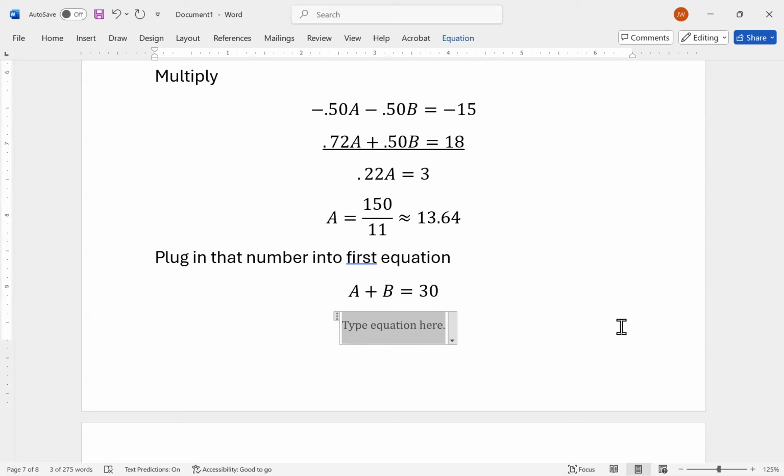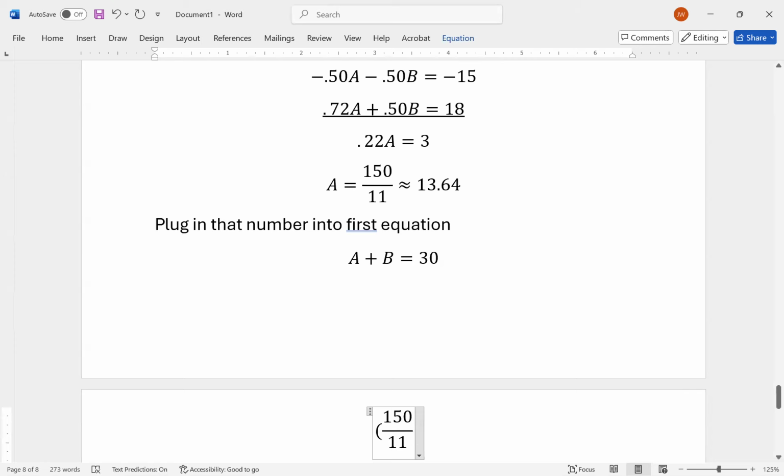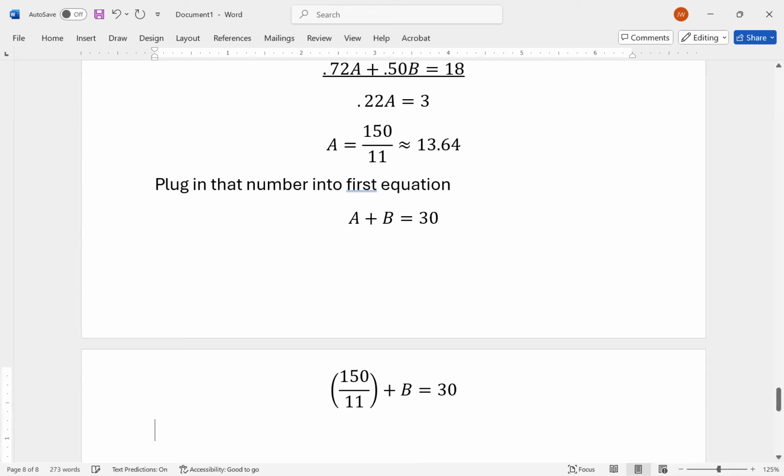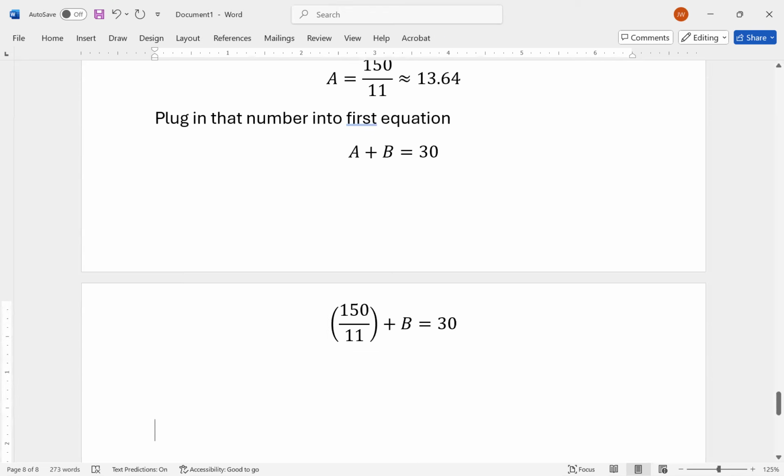Plugging in that value of A, I plug in 150 over 11 for the A, add B to that and get 30. Then I'd subtract that number. So subtract 30 minus 150 over 11. And we would get, let me do the fraction first, that's 180 over 11. So the B value is 180 over 11, which is approximately 16.36.